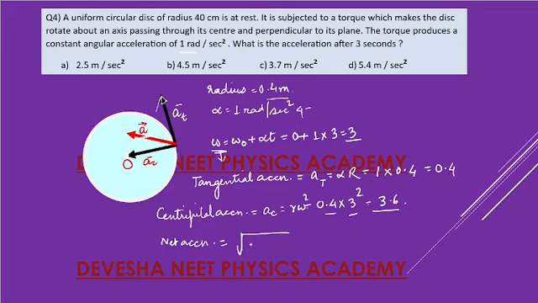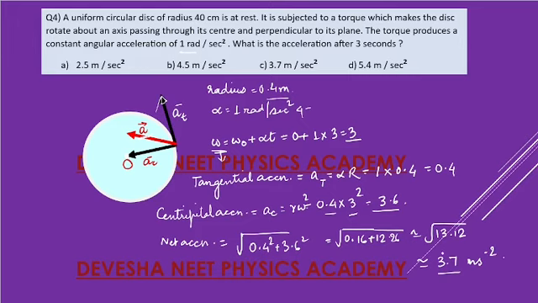So this will be 0.4 square plus 3.6 square, so this becomes 0.16 plus 12.96. This is roughly equal to 13.12, which is equal to 3.7. So the answer will be 3.7 meters per second square. If you look at the third option, the answer is given to us in the third option.